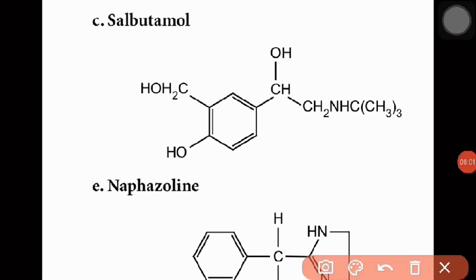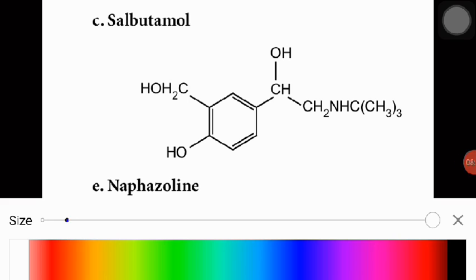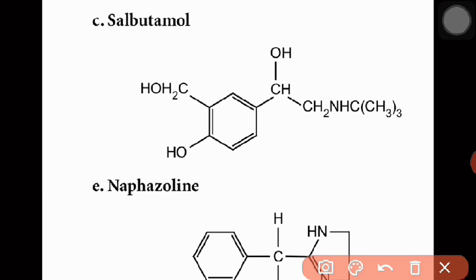Next drug is salbutamol. So this salbutamol is also called albuterol.